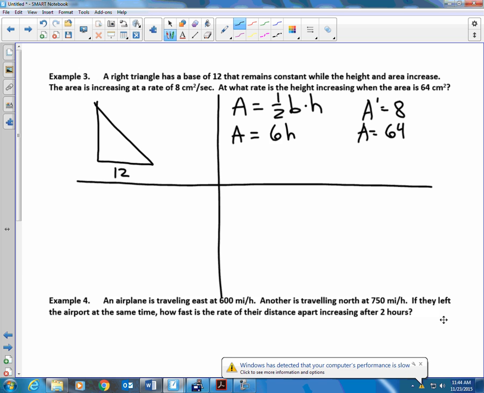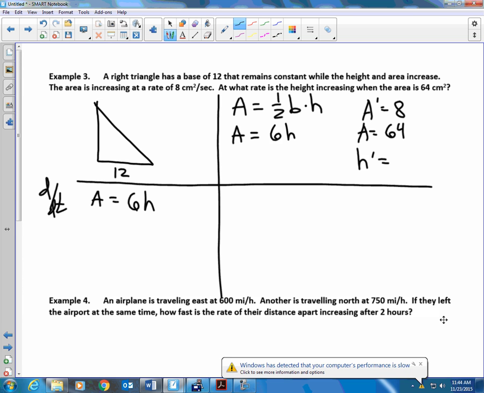So we could use that in order to figure out the current height. So what are we looking for? We're looking for h prime. It says at what rate is the height increasing? So I take the derivative with respect to time of A equals 6h.